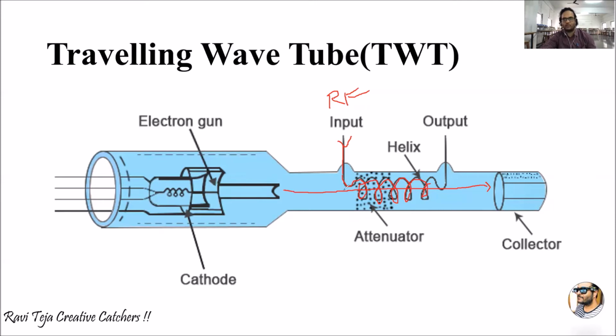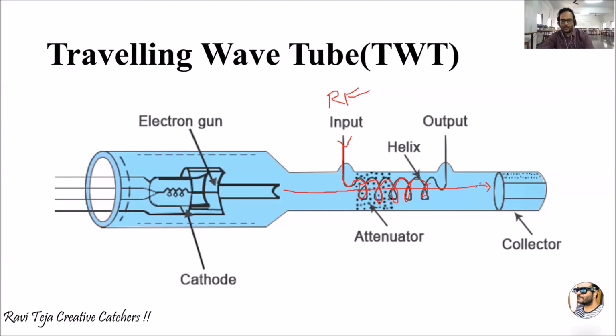When the RF signal comes through the input, it travels through the helical structure at the speed of light and gets in contact with the electron beam. Whenever the electron beam gets in contact with this RF signal, the signal gets amplified, or the signal strength gets more. To keep it simple, the amplitude increases, or the signal gets strengthened, when the RF signal travels through the helical structure and gets in contact with the electron beam.